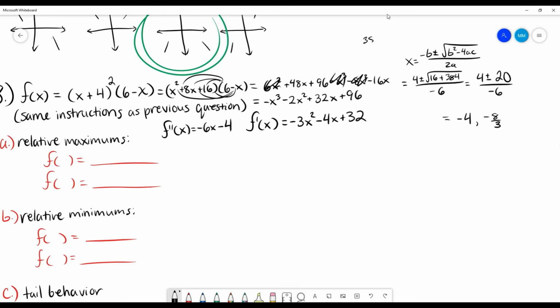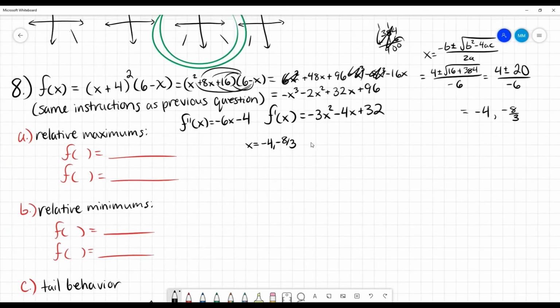Right, 384 plus 16 is 400, right? I just need to double check that. Okay, perfect. So these are our extrema. Or not our extrema, sorry, but our critical points are negative 4 and negative 8/3.